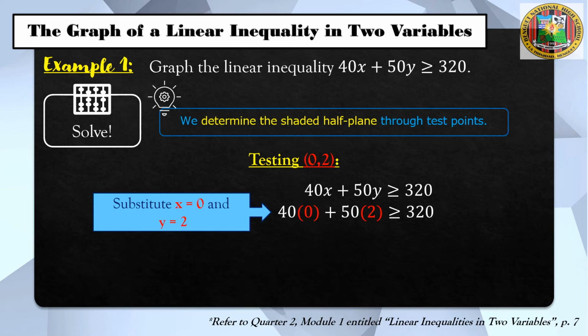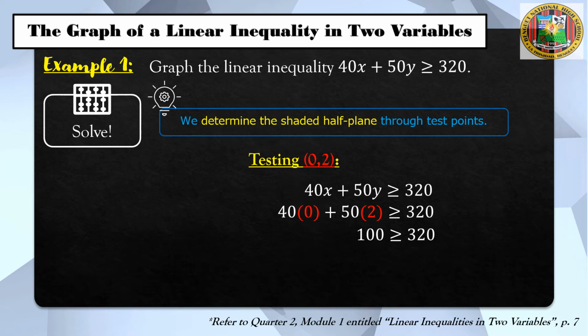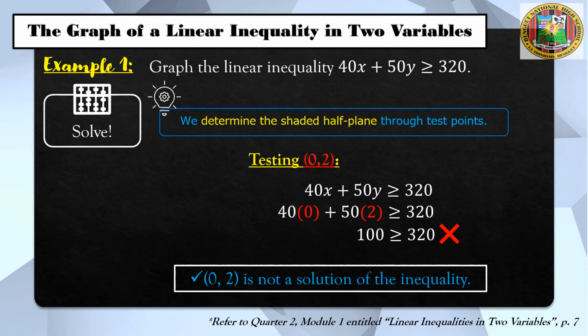Since 40 times 0 is 0 and 50 times 2 is 100, we have the resulting expression 100 ≥ 320. Since 100 is not greater than or equal to 320, we can say that (0, 2) is not a solution of the inequality.